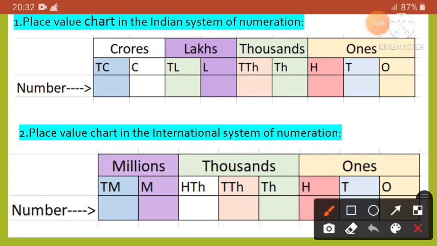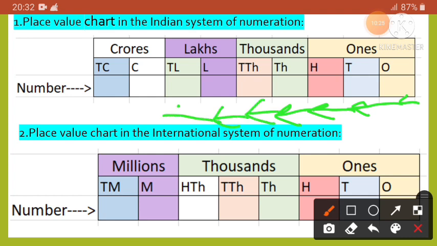In the Indian system of numeration, you can see that it starts with ones, then 10, then hundreds, then thousand, then 10,000, then lakh, then 10 lakh, then crores, and then 10 crore.